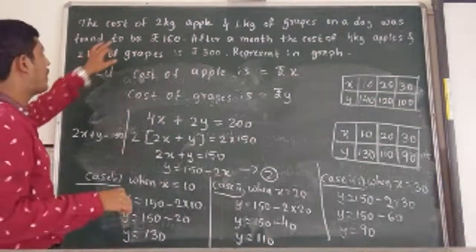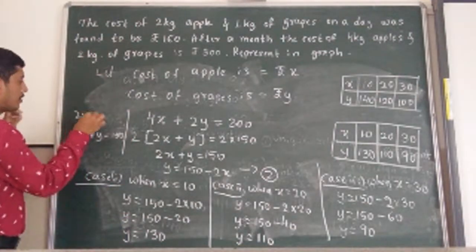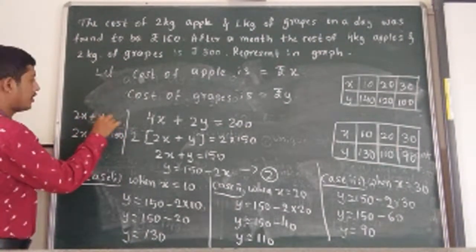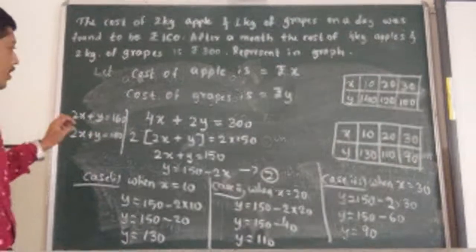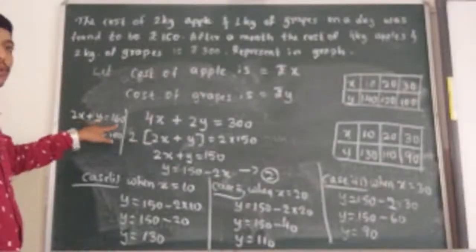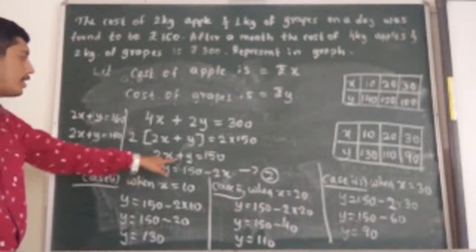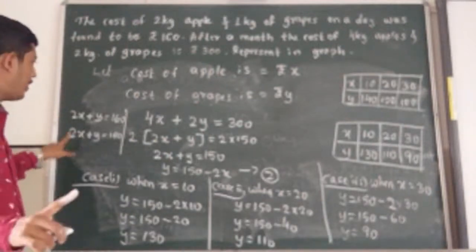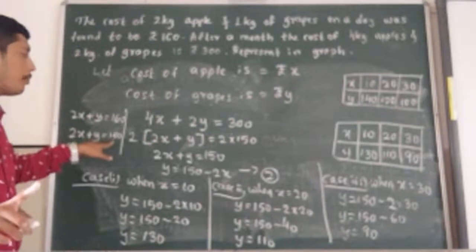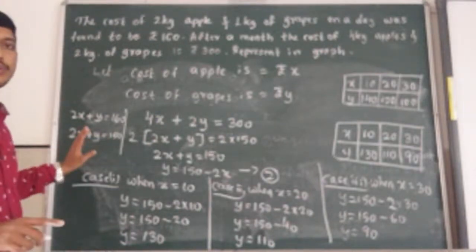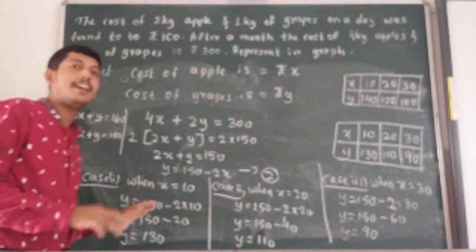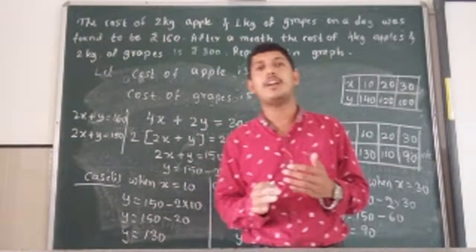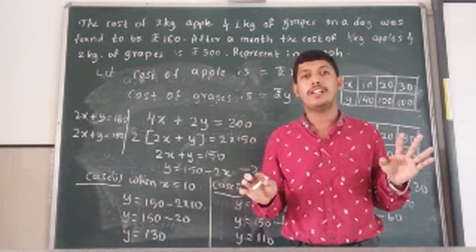And the first equation I wrote is 2x plus y equals 160. See, the value of a1 by a2 gives 1, b1 by b2 gives 1, but c1 by c2 they are not equal to each other. So that means the two lines are parallel to each other, and when the two lines are parallel they do not have any solution.